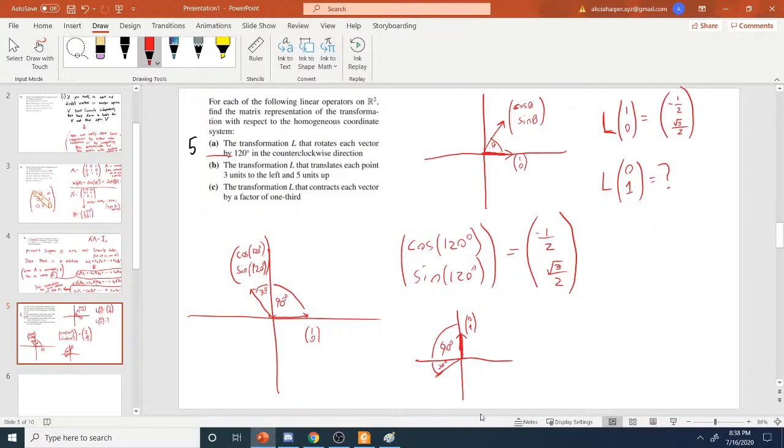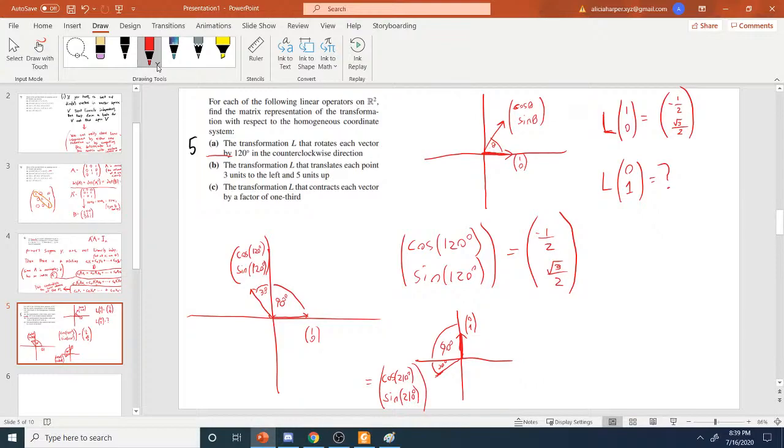This vector right here is basically the same as cosine of 210 degrees and sine of 210 degrees.